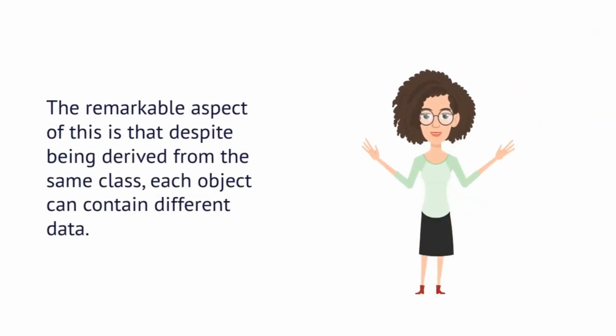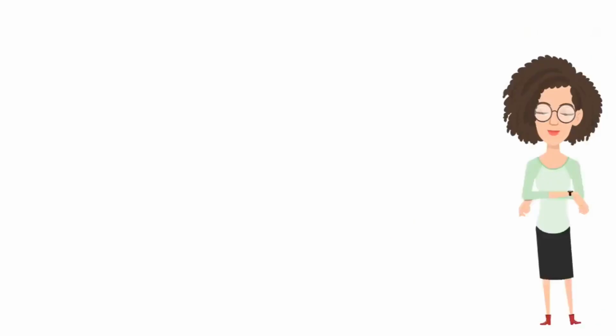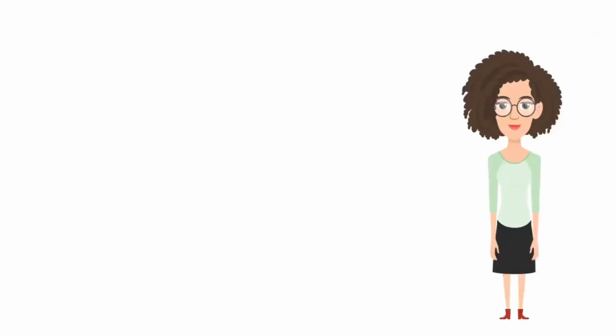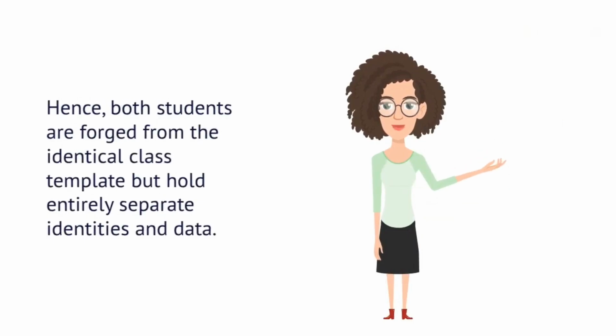For example, s1.name equals Rahul, s1.age equals 20, and s2.name equals Aman, s2.age equals 21. So both students are created using the same blueprint, but both objects are completely separate from each other. And this is exactly what makes object-oriented programming so powerful.